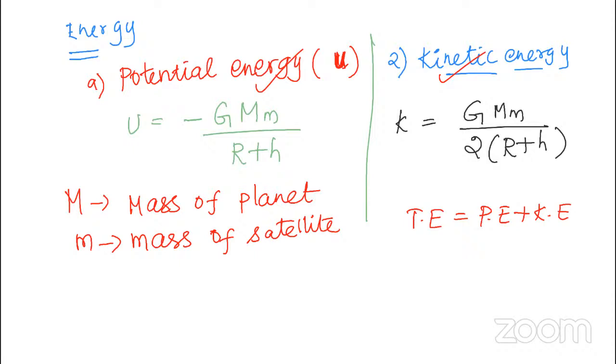Here we are going to substitute the values for potential energy and kinetic energy, and see what expression we get. Total energy T is equal to U plus K. So what is the value of U?